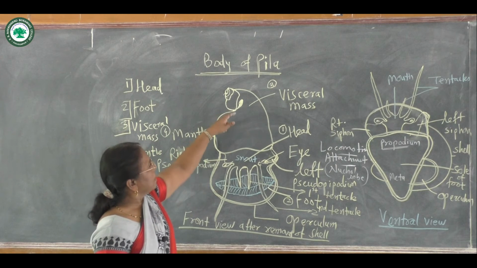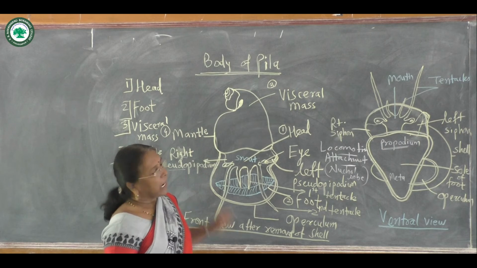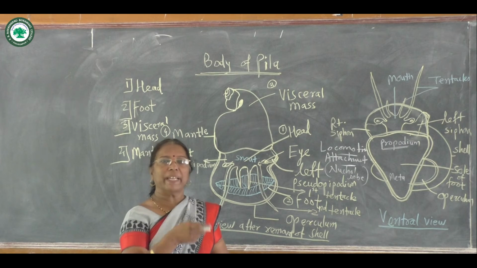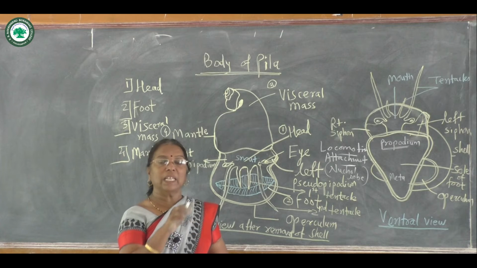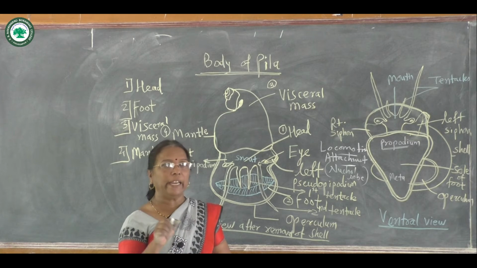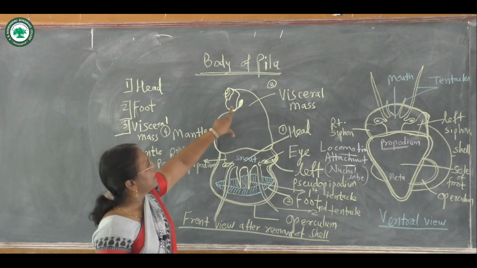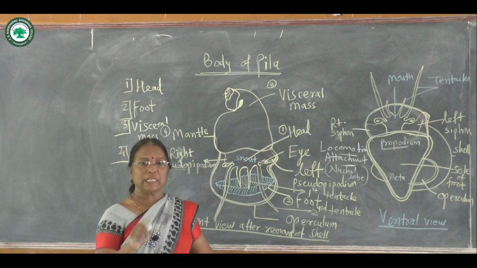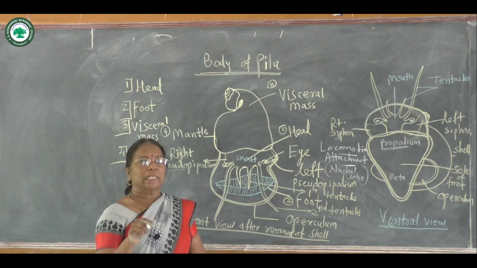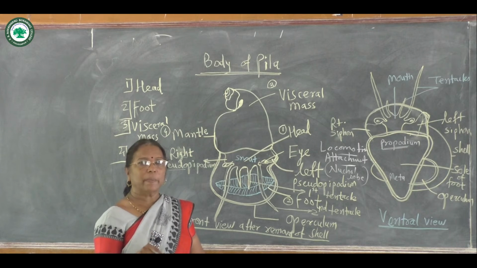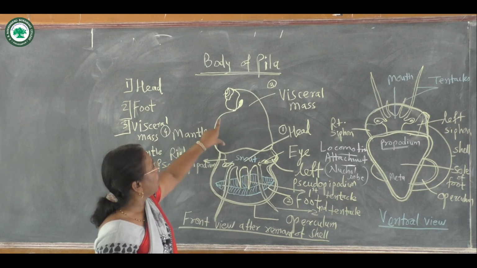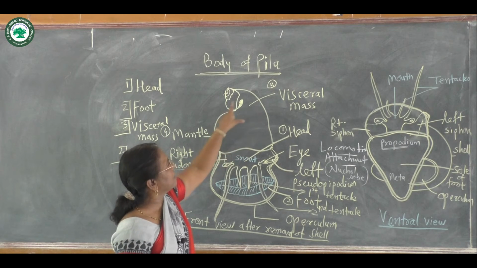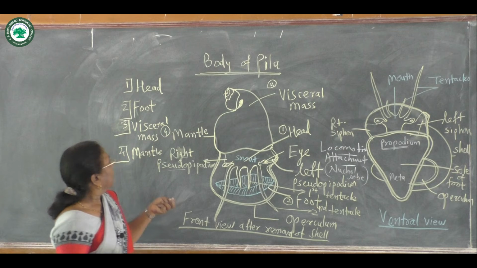These visceral mass shows coiling, or they are spirally coiled like the shell to fit in it. This visceral mass contains all body organs, that is the digestive system, excretory system, circulatory system and reproductive system. All these systems are all important organs enclosed in this visceral mass.